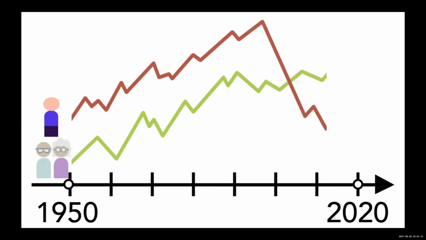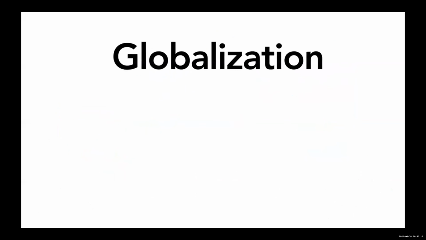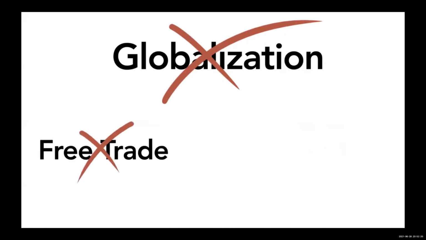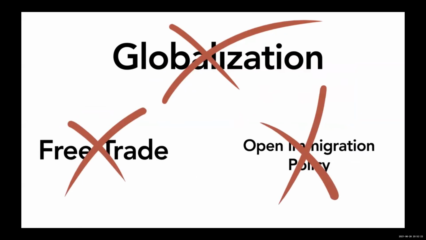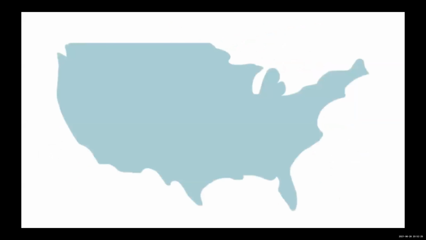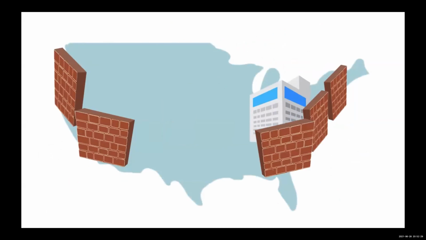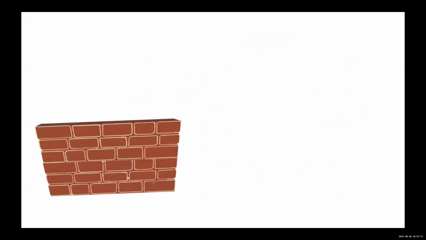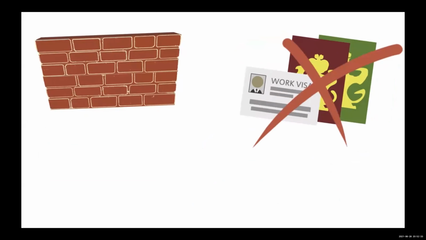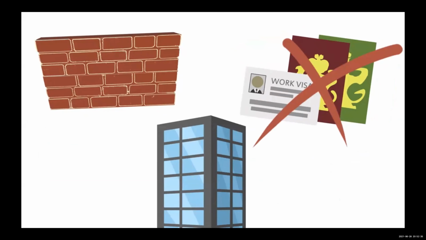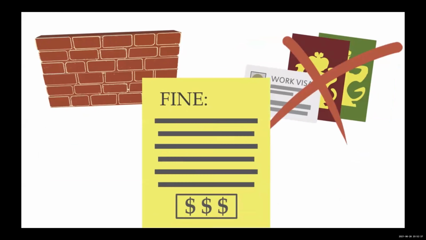Many of those who sense this lack of progress and opportunity for their children have turned their frustration on the very idea of globalization and expressed negative opinions about free trade and open immigration policies. Sensitive to these negative voter opinions, politicians turn inward to help ensure jobs don't leave the country. They lock down borders, decrease the number of work visas, and punish companies for not using local labor.